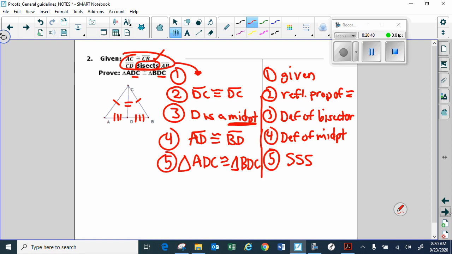That can never prove a triangle congruent. You already know the 5 ways, but these kids don't memorize that. And CPCTC can only be used after proving triangles congruent. Okay, so don't use it before. CPCTC, if you're going to use it, is usually your last justification in a proof. All right, then I'll go ahead and end it.